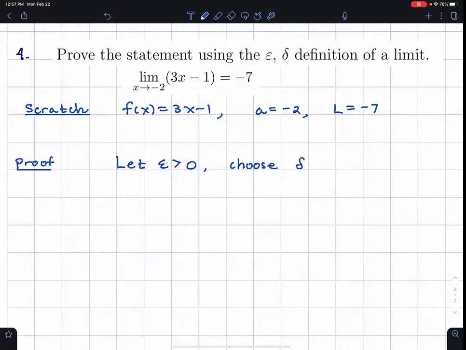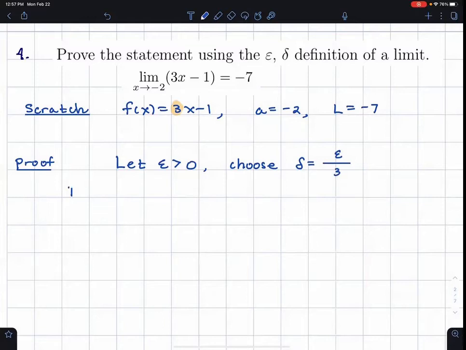Now, this is the equation of a line, and we talked about the little shortcut way of finding out what delta is going to be. Who can tell me what delta should be? Coefficient of x, so 3. So what am I actually going to write down for delta then? Delta equals epsilon over 3. Yes.